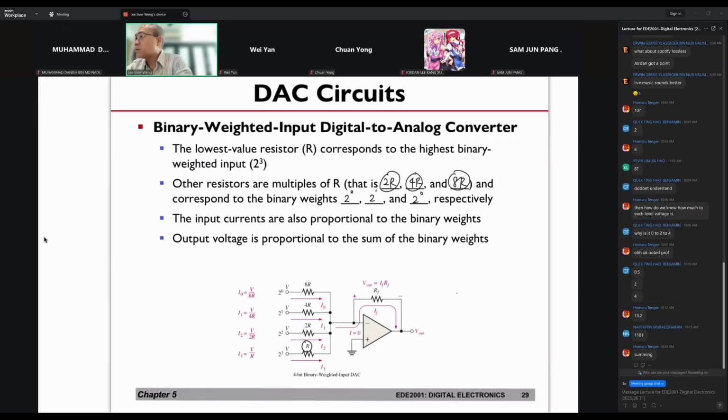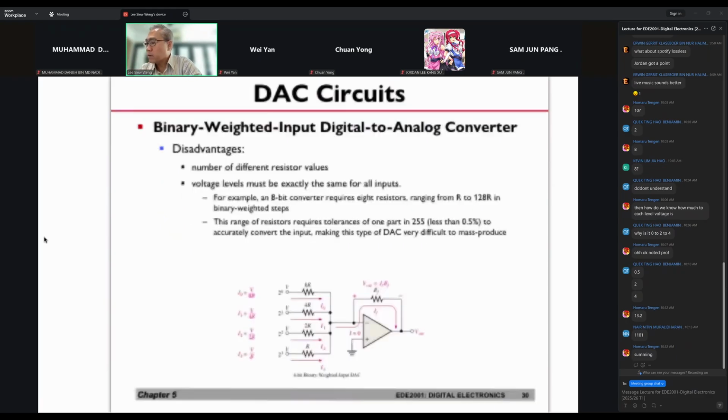I think there is an example that I want to look at. So what are the disadvantages? You need a lot of different resistor values. And it is very difficult to get resistor values that are double, quadruple, or 8 times of the original one. Practical resistors' values do not increase in that way.